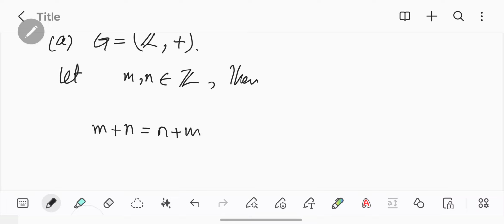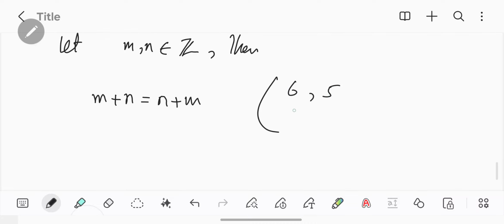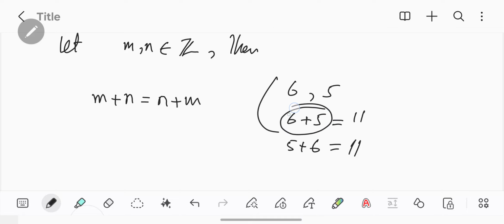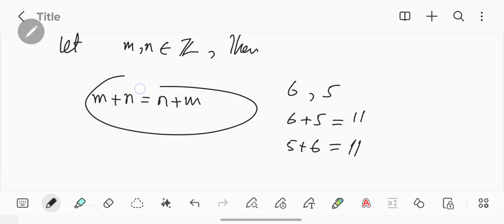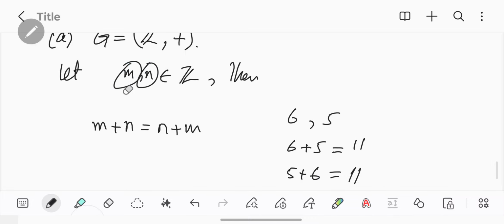So for integers, we know this property holds true. For example, if you take 6 and 5, 6 plus 5 is 11. What is 5 plus 6? 5 plus 6 is also 11. This means this sum and this sum are equal. Therefore, this is not only true for 6 and 5. This is true for any two integers coming from Z.